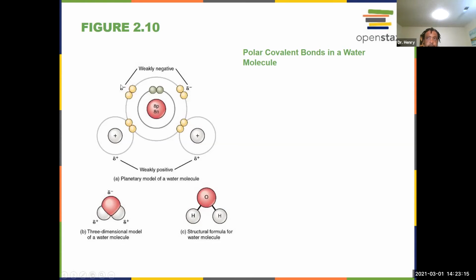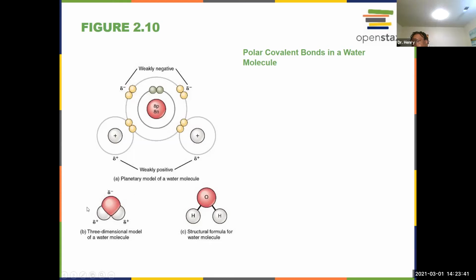So again, that's showing you what the delta looks like in print instead of my crazy handwriting. This is hydrogen, this is your oxygen, and you can see them sharing the electrons here. These electrons are spending more time around the oxygen than around hydrogen, hence the hydrogen is partially positive. So it's a weak positive charge, and then this one is weakly negative.